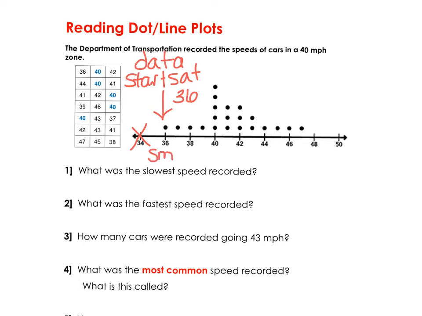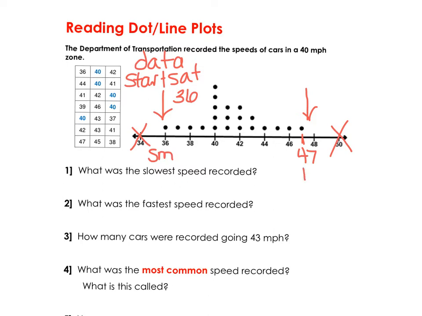And then same thing with the highest speed. Just because we see 50 on the number line, that's not where the data ends. 50 would not be the highest number. Here we have a dot right in between 46 and 48. 47 represents the car that has the highest speed. So this would be the biggest number in our data.